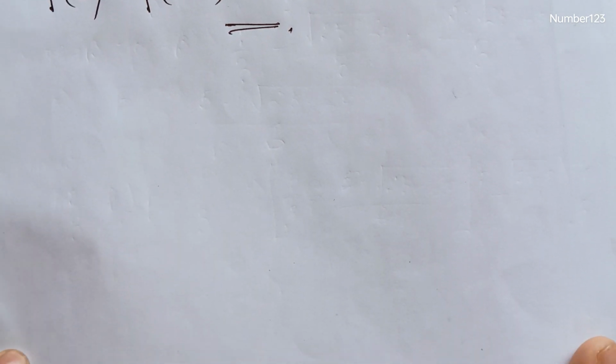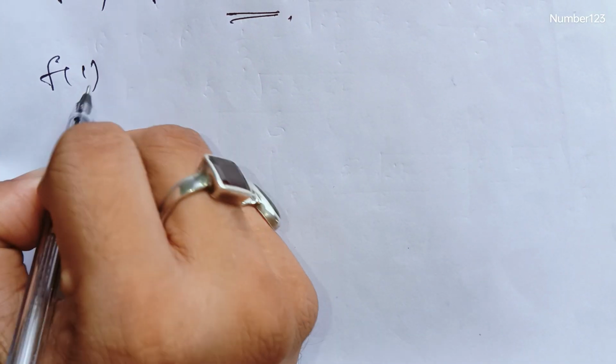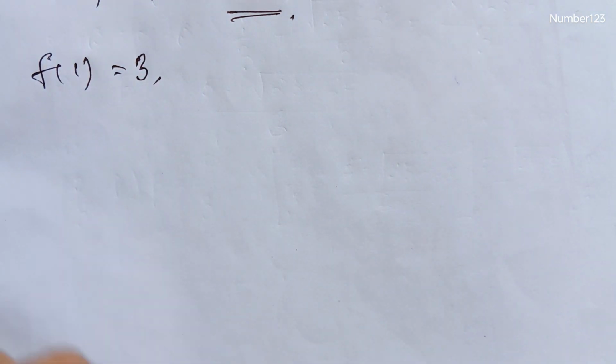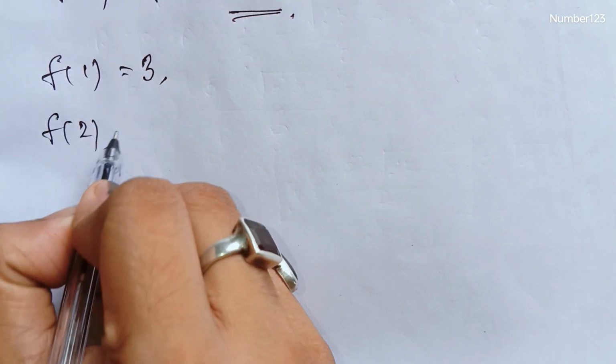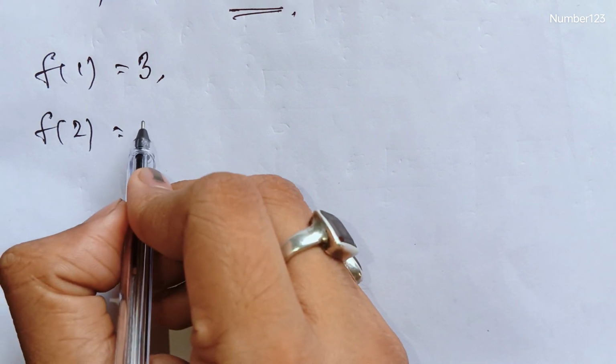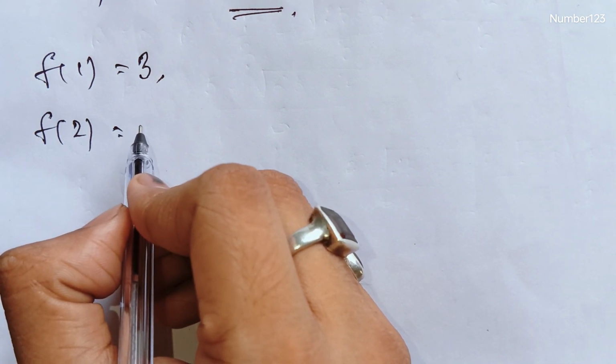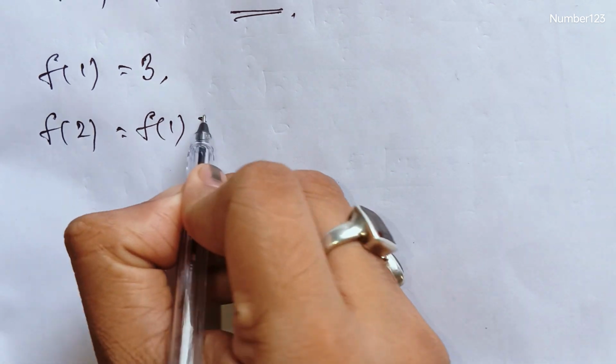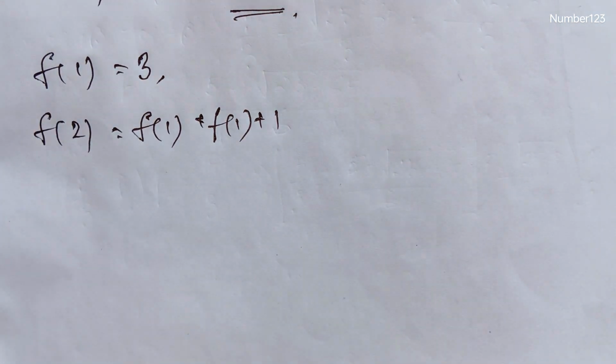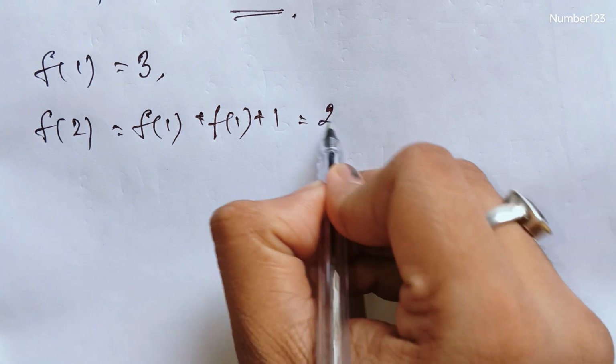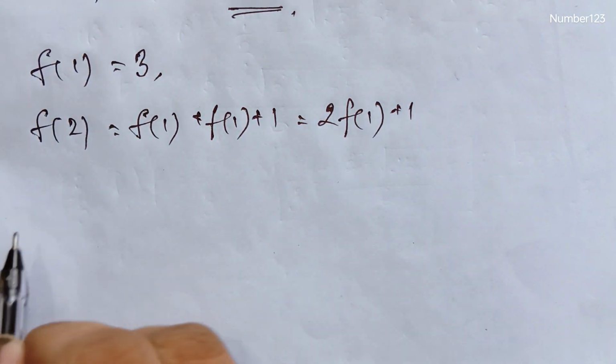So the short way is, I can solve this question again. I will tell you another process to find the perfect values of each term. Now the second process is, see f(1) equal to 3. f(2) means f(1 + 1), so f(1) + f(1) + 1 into 1. We can write f(1) + f(1) + 1, that means here we get 2f(1) + 1.